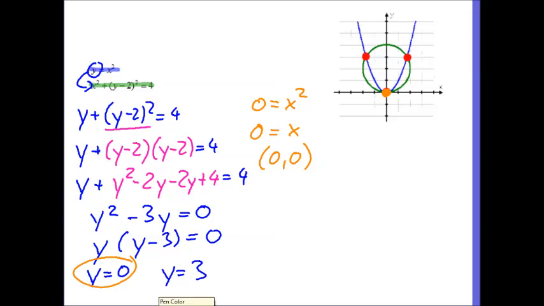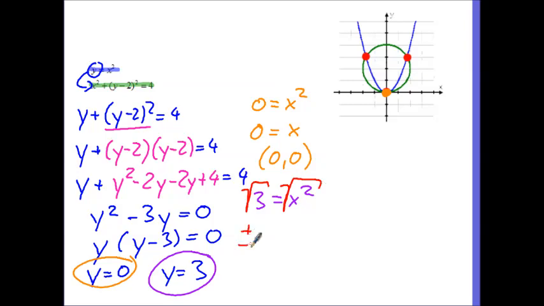And the other solution will be at 3 is equal to x squared. Now we're going to have to take the square root of both sides. And we end up with positive and negative square root of 3 is equal to x.